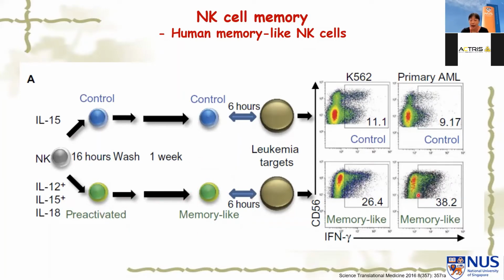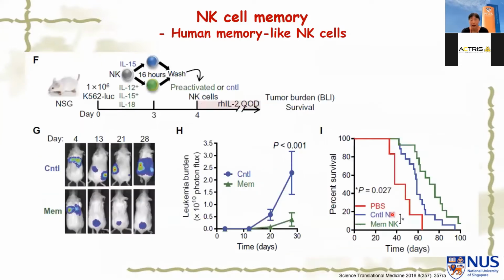They have significantly higher interferon gamma production when co-cultured with AML cells, either primary AML or K562 cell lines. If you use those cells in the NSG mice model, you can see those memory-like NK cells can significantly inhibit tumor or leukemia development and prolong the survival of the mice.